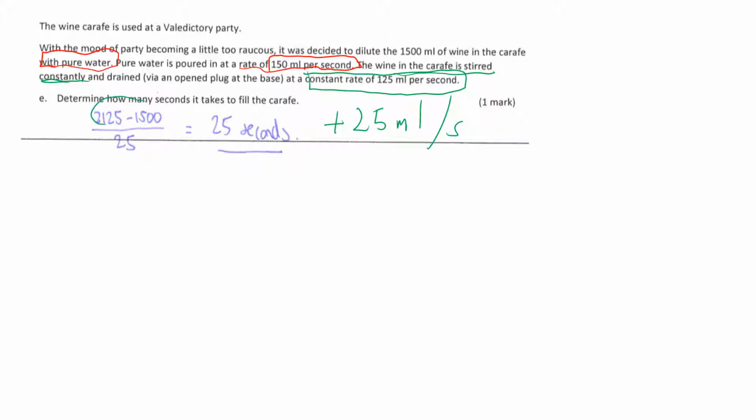Well, it's the capacity of the tank, the difference between that and the amount of wine at the beginning of the process. So it's obviously 625 mils left to fill in the carafe. If we divide it by 25, we'll get the number of seconds. 625 divided by 25 is 25 seconds. So that's how long it'll take before, if we continued on with the dilution process, it would start to overflow.